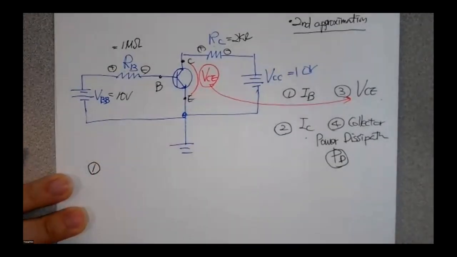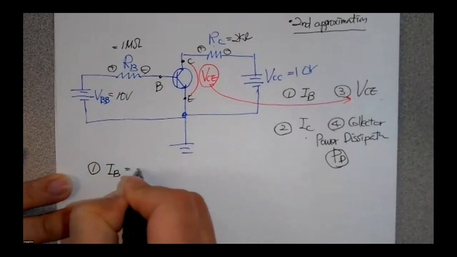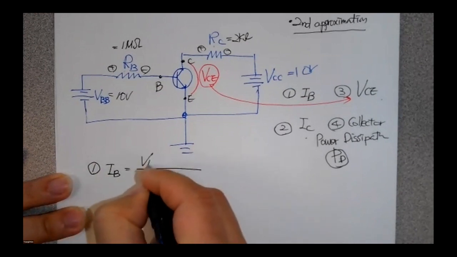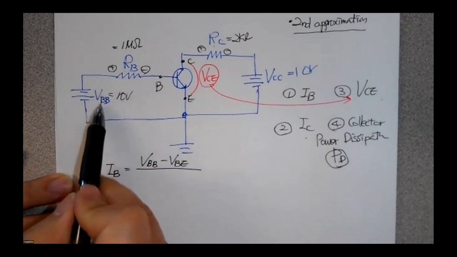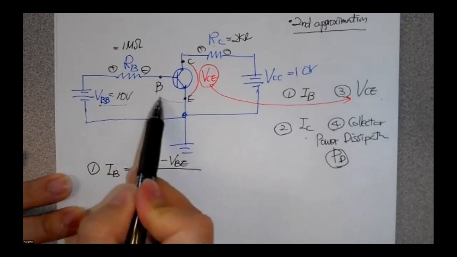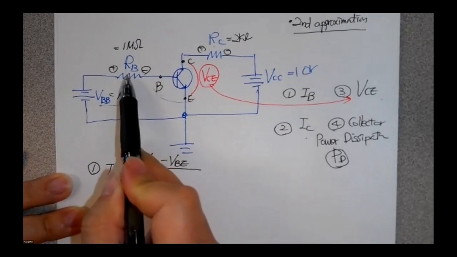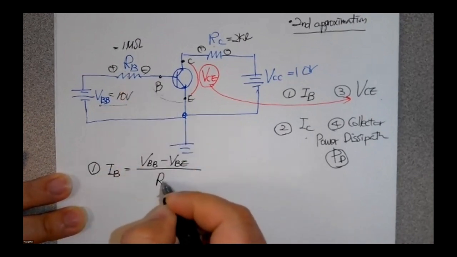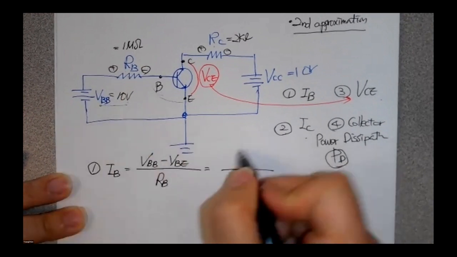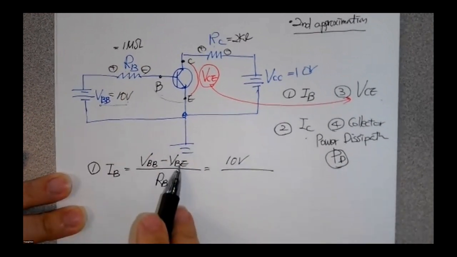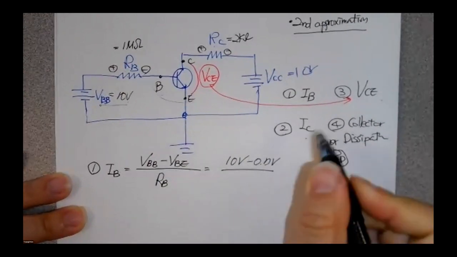Question 1, what is the I sub B? The I sub B is V sub BB minus V sub BE, divided by what? The resistor, R sub B. The V sub BB, the 10 volt, minus V sub BE, minus 0.7 volt.